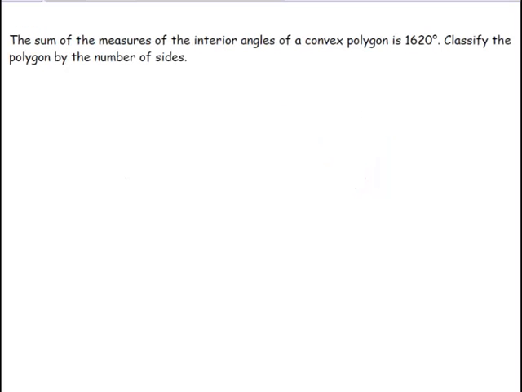I'll have you do the next one on your own as well. The sum of the measures of the interior angles of a convex polygon is 1,620 degrees. Classify the polygon by the number of sides. Push pause and push play when you're ready. Okay, so use n minus 2 times 180 and set it equal to 1,620 because you know the polygon is 1,620 degrees.